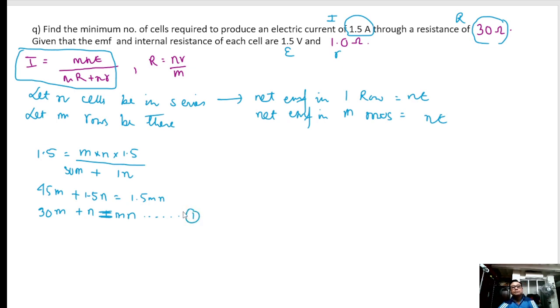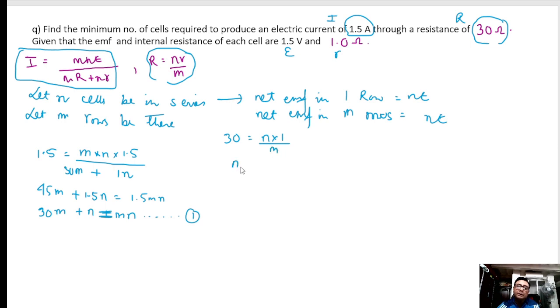This is one equation. And also using this relation for the maximum current, we are getting how much? R is given 30, N I don't know, r is 1, M I don't know.